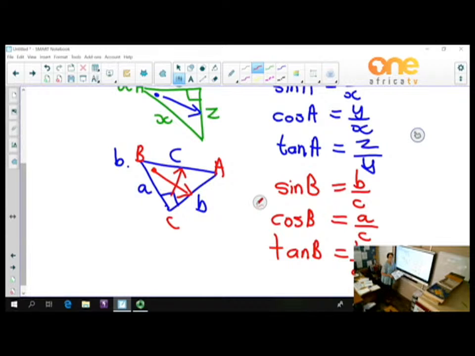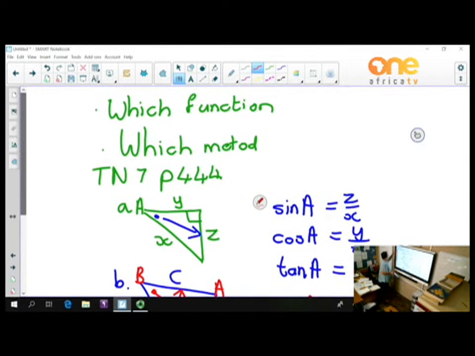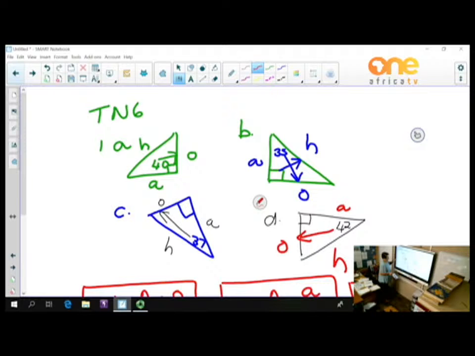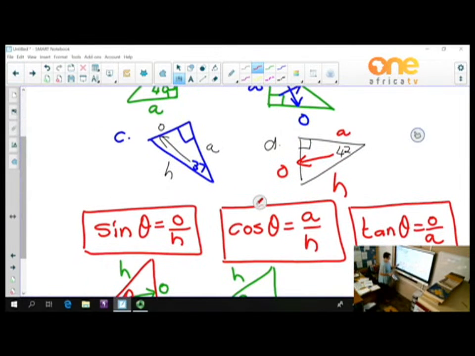It is very important that you understand this first before you continue now. So go through the lesson again and make sure that you can identify sine, cosine, and tan. So let's just go back to the previous one. The three functions which we are working with now: sine theta, which is opposite over hypotenuse; cosine theta, adjacent over hypotenuse; and tan theta, which is opposite over adjacent.